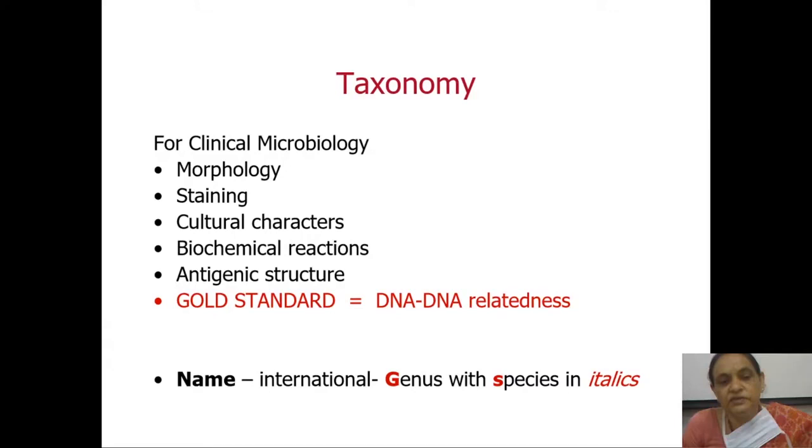Then the antigenic structure that I told you, the O side chains or any other capsule or any other structure which is present on the cell wall, can be used for its specific antibody response as a diagnostic tool, the serodiagnosis. I'll come to that in my next slide, after which I'll end this talk.